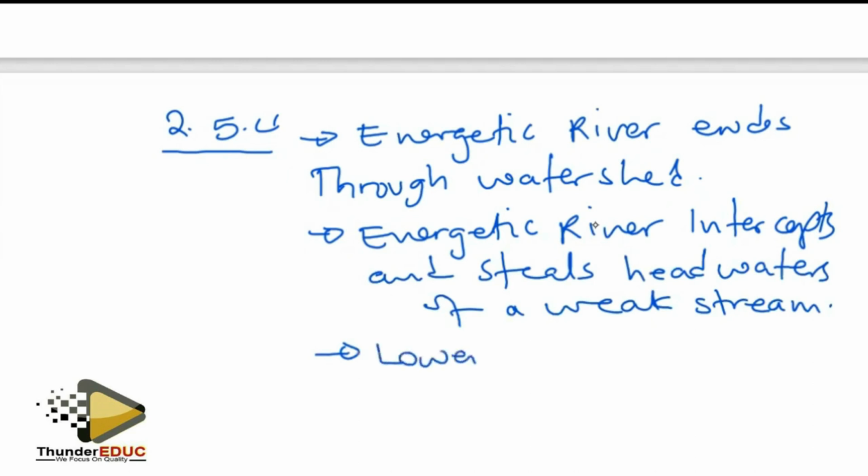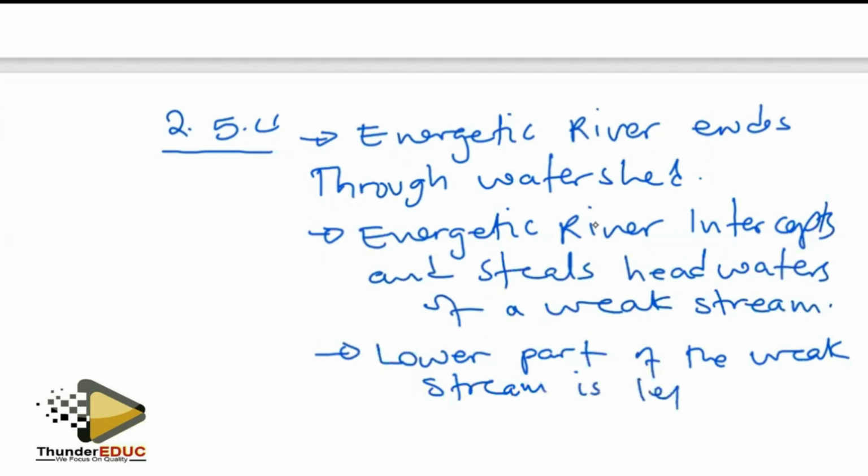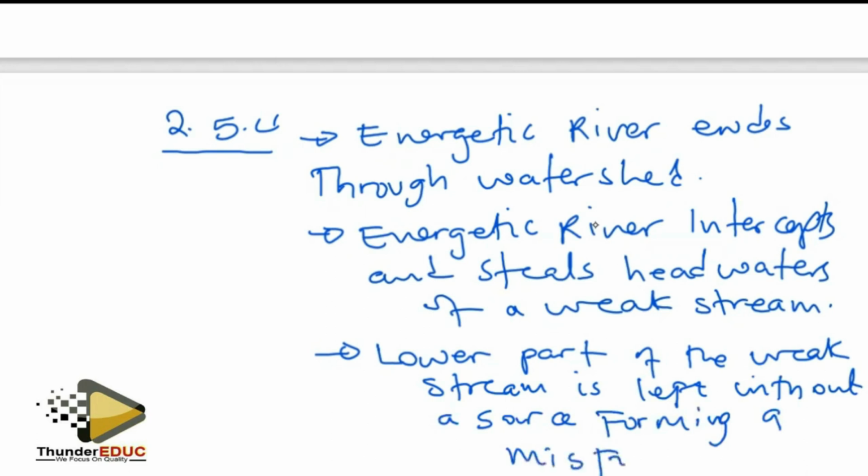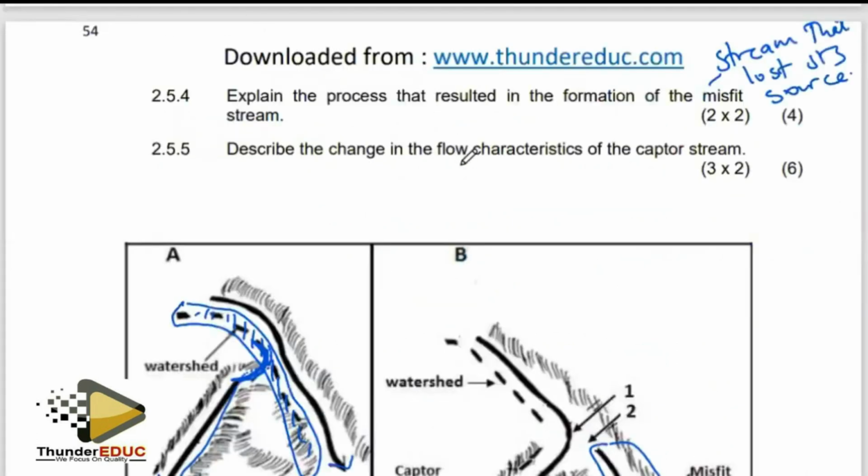The lower part of the weak stream is left without a source, forming a misfit. All right, that is for question 2.5.4.